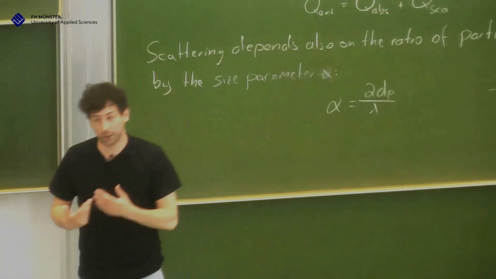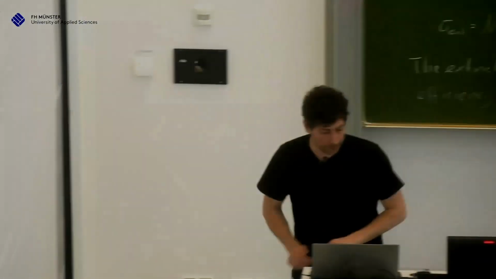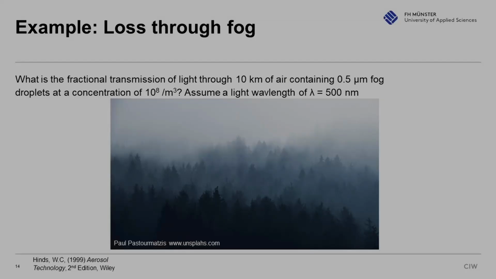So now I would like to give you a very simple example, and I want you to calculate it. The example is seen here. Take a look at this and write down what you need, because you need the diagram, and then I would like you to answer the question. The question is, what is the fractional transmission of light through 10 kilometers of air?